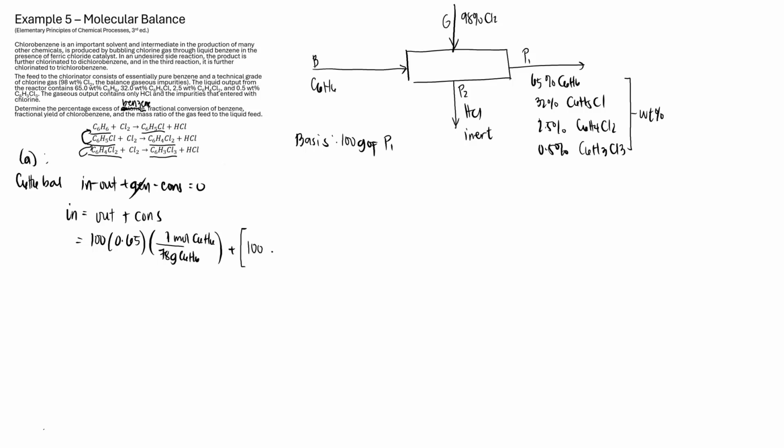So, let's start off with C6H5Cl. 100 times 0.32. So this is 112, right?